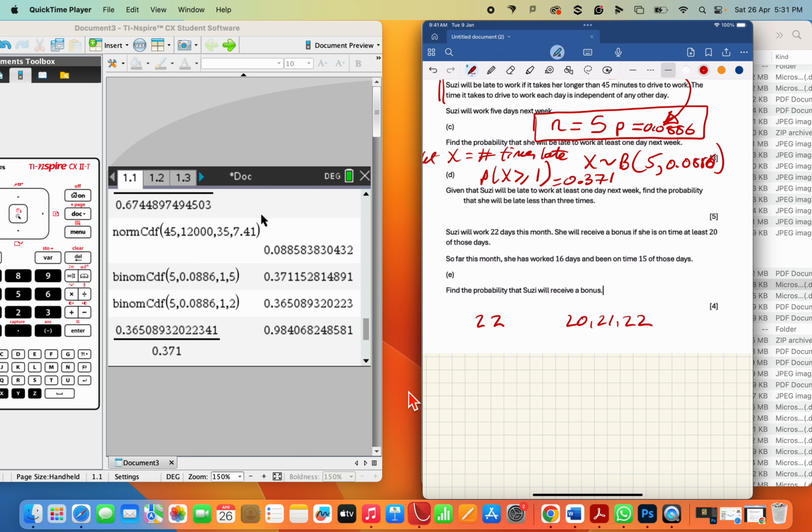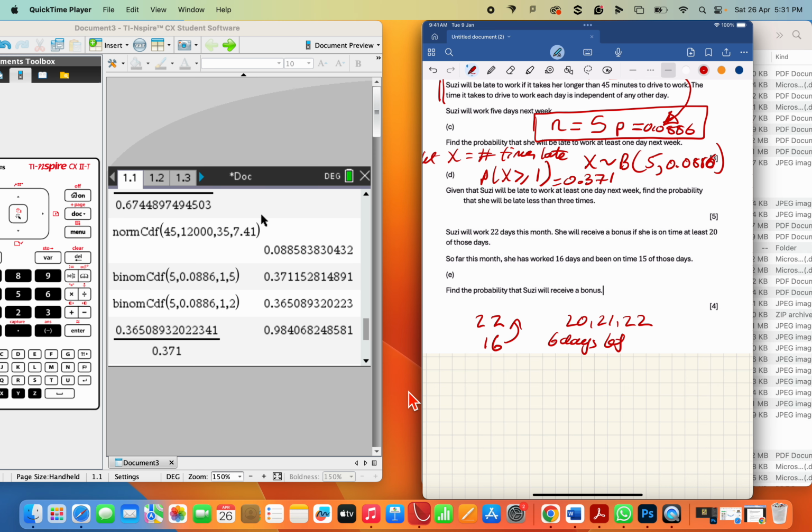So far this month she has worked 16 days, so she's got 6 days left to work, and she's been on time for 15. So she needs to get to 20. From the 6 days she's got left to work, she has to be on time in 5 or 6.